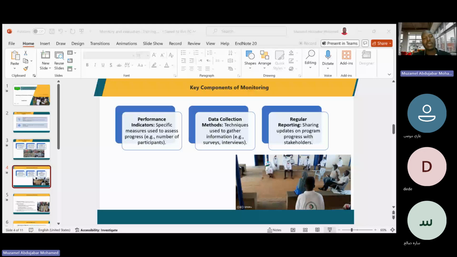The evaluation question is the key question to guide the evaluation. For example, did your program or project meet your objectives or goals? You can ask yourself or your team working on this program whether it is the same as the objective you set at the beginning of the project.